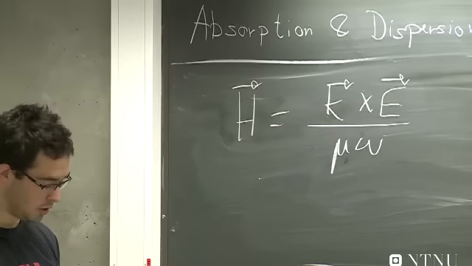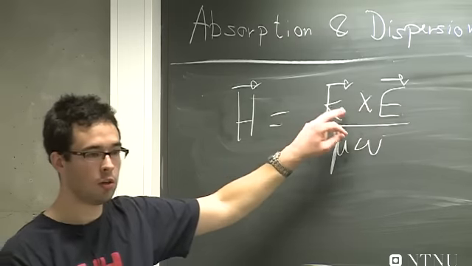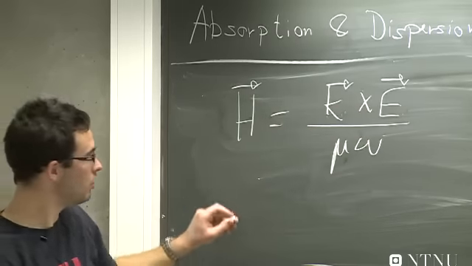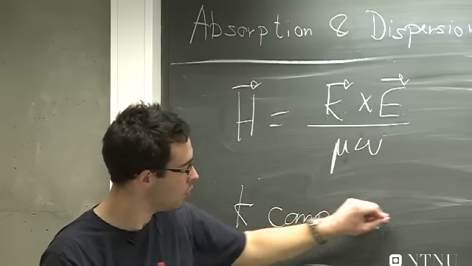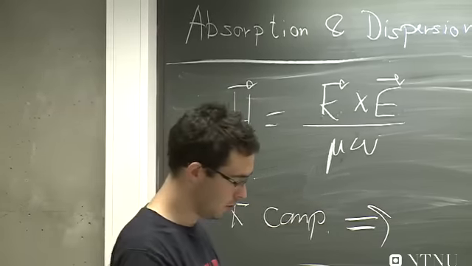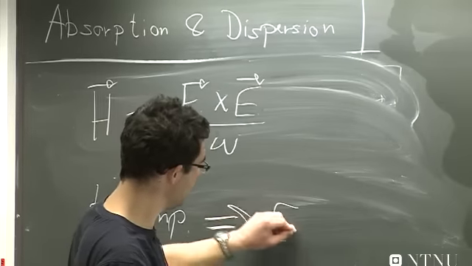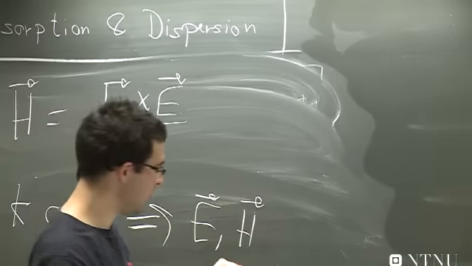And this means that there's a complex phase here, right? Which is different on E and H. So there's going to be some sort of phase shift between the E field and the H field. So while in vacuum they were exactly in phase, they're no longer that.